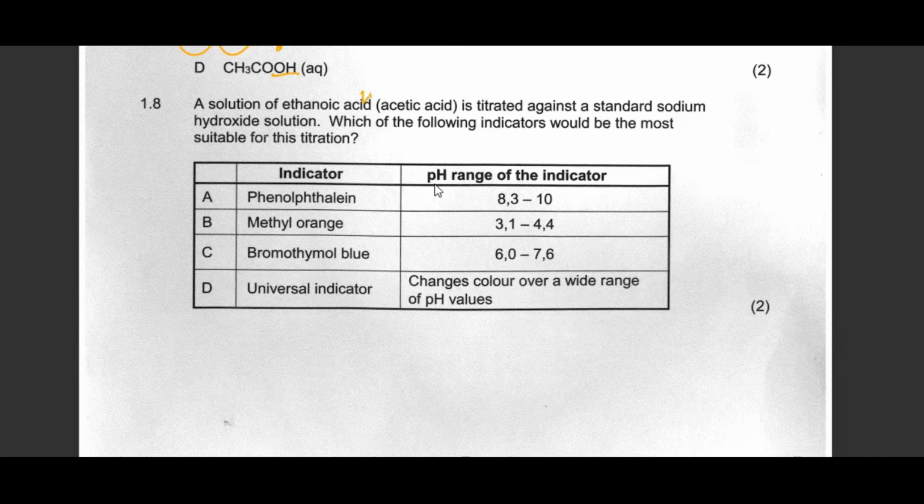Now this is a weak acid, and this is a strong base. So what does it mean? If it is a weak acid and a strong base, the resultant solution is going to be more basic than acidic.